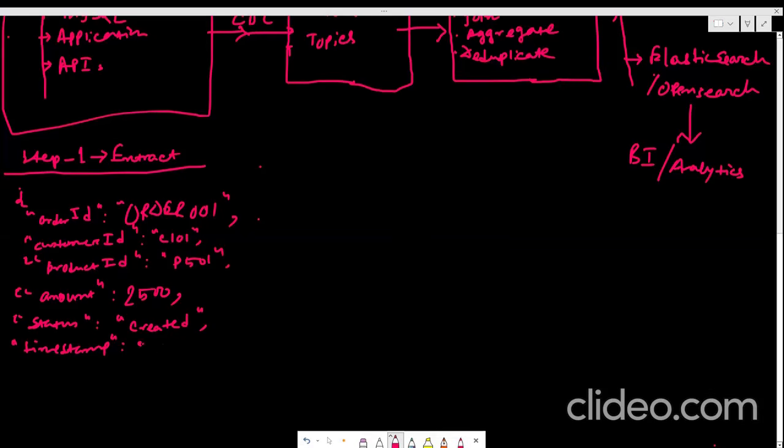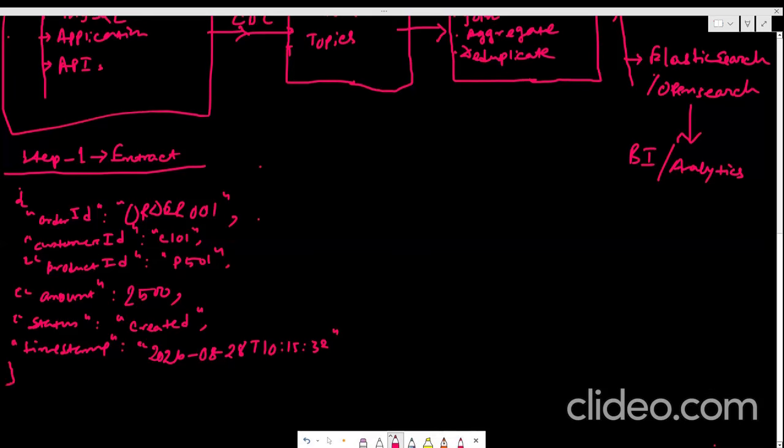So suppose the date 2026-08-28, and there will be some time, 10:15:32, in the format YYYYMMDD with proper time in HH:MM:SS. Okay, so that will be one basic structure of the order.